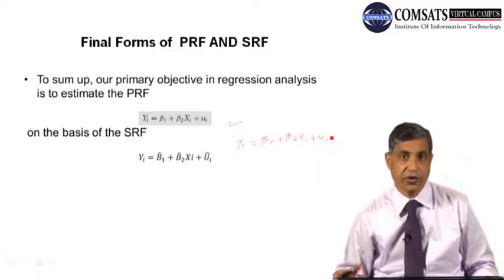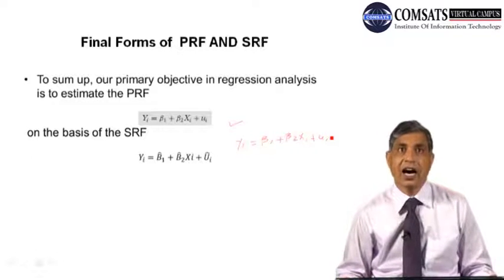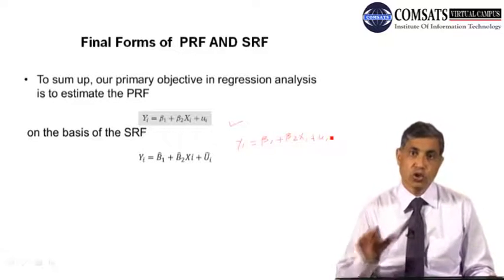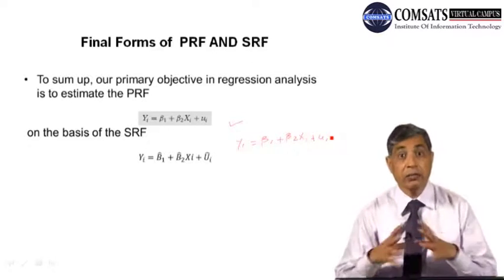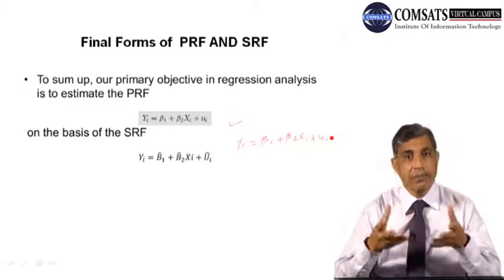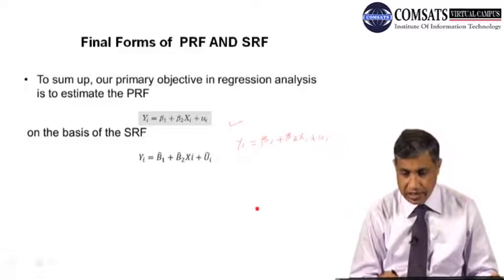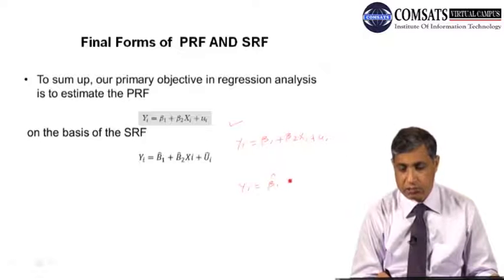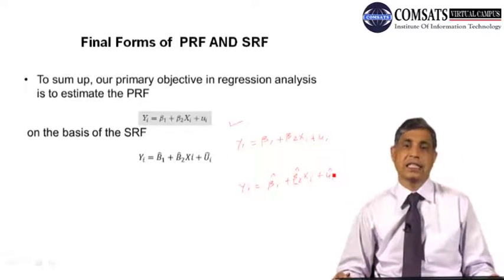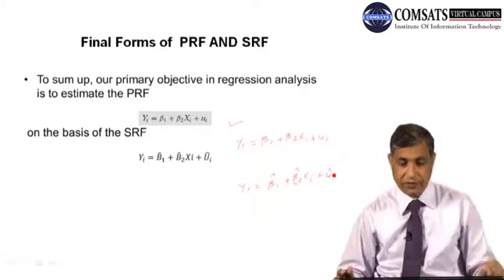There is no hat over this because these cannot be estimated. Hat means these have been estimated, cap means these have been estimated, and against that, the model in the sample regression function is yi equal to beta 1 hat plus beta 2 hat xi plus ui hat. Now you can see that we have estimated all the values.